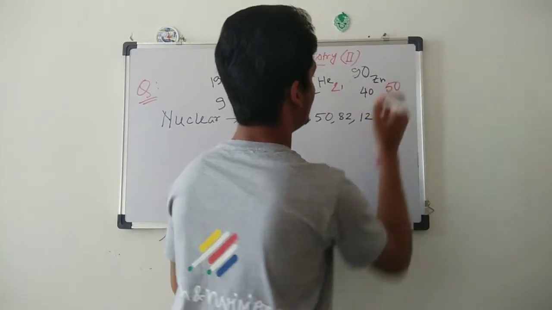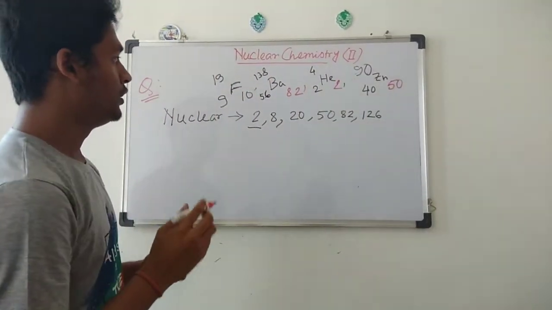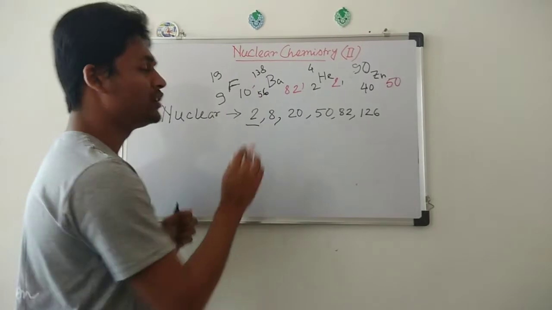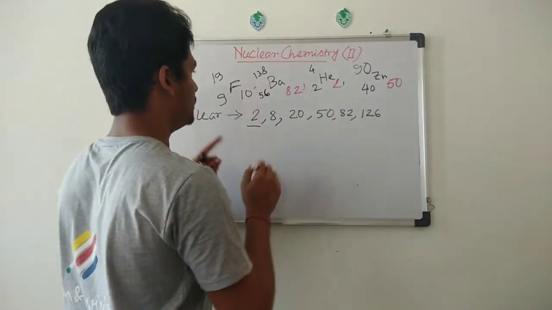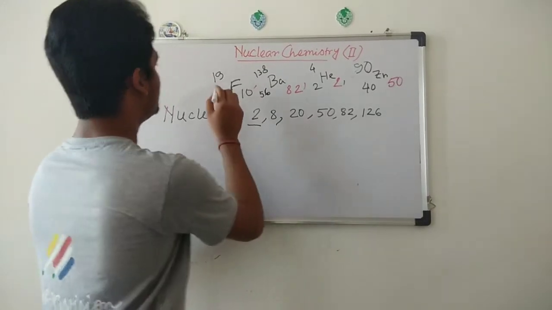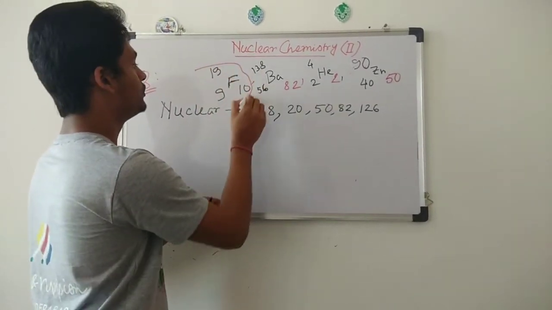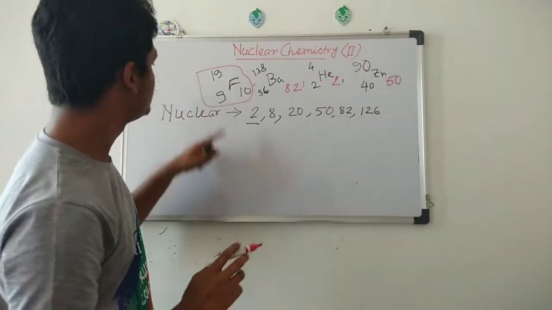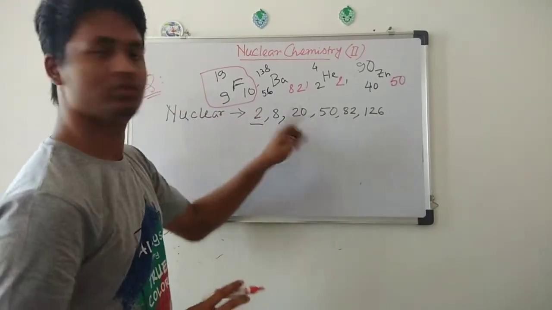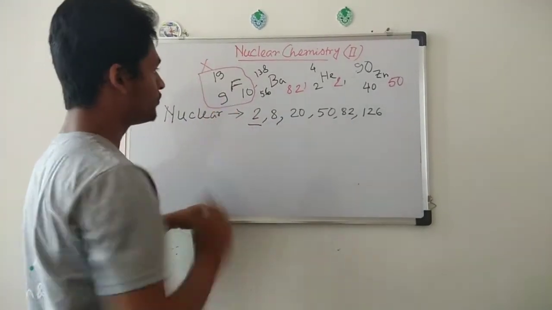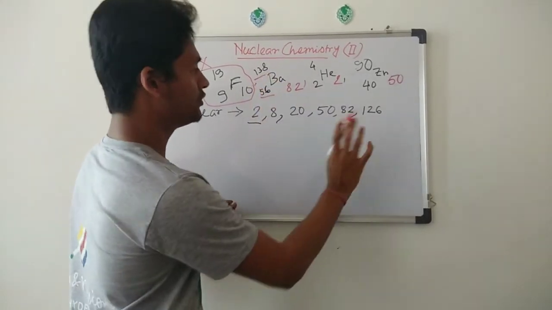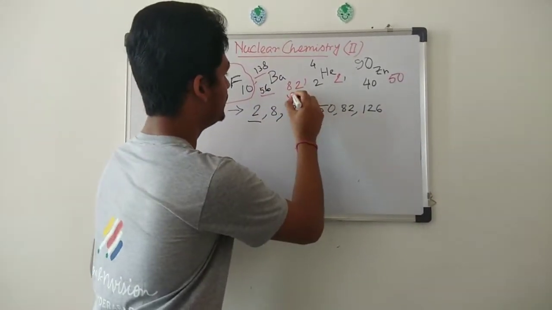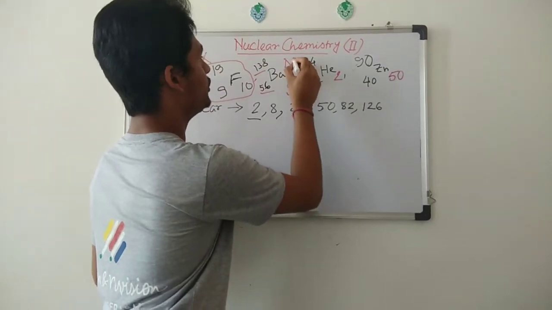Now among these numbers, which are the magic numbers? That you need to find out. Come to this one. Does it have any magic number? 9, 19, 10? No, it doesn't have any. In this case, 56, 138, no, but 82, yes. So its neutron number is a magic number, I am writing n.